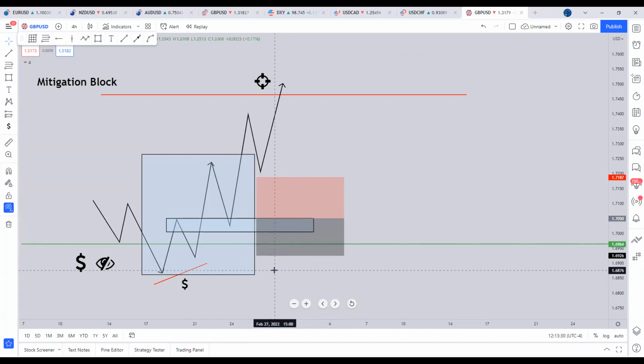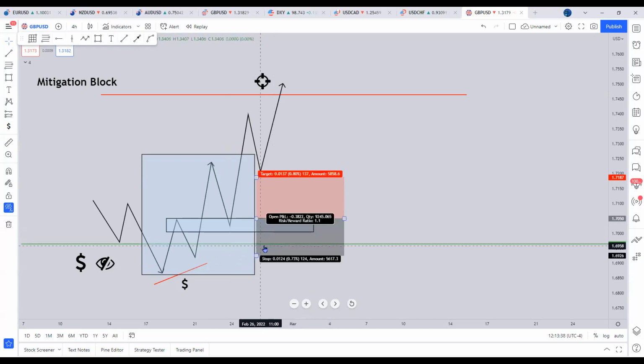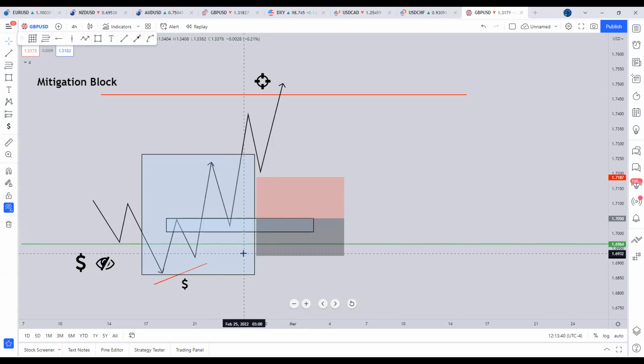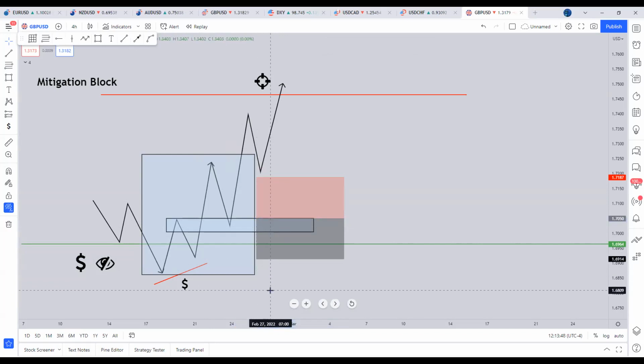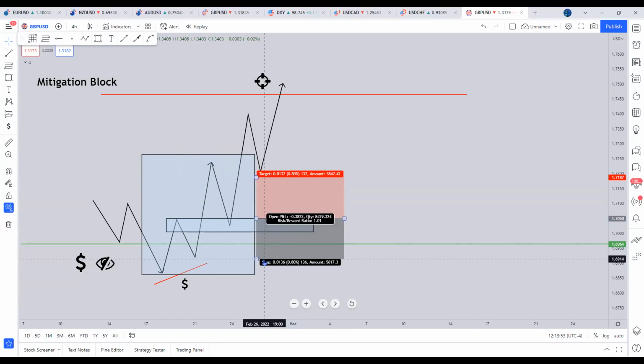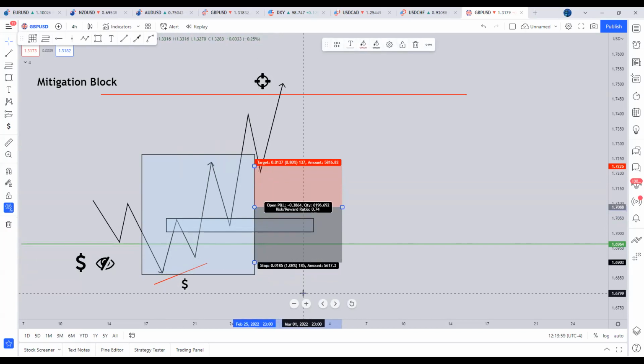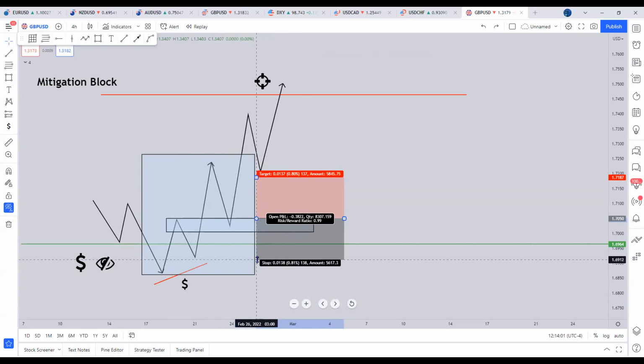Because of those spreads, it becomes difficult for certain brokers to get you into the order, or sometimes it'll stop you out when you're still a pip away from your stop loss on your chart. So I generally put it around this point of the mitigation. You can also put it below to be safer, but I like to put it somewhere in the middle. Anywhere beneath this point is going to be good for a stop loss.